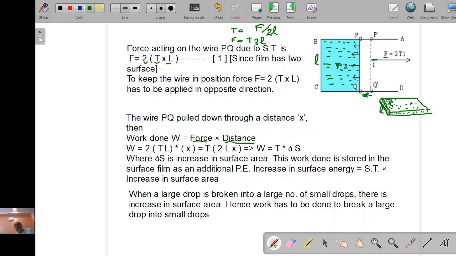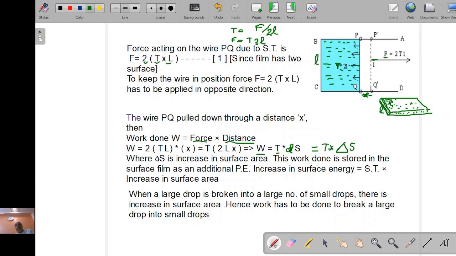So we may say the work done to bring this PQ wire back to its original position will be the surface tension into the change in area, that is T into dS, or you may simply write T into delta S, or T into delta A. Delta S is the change in area.